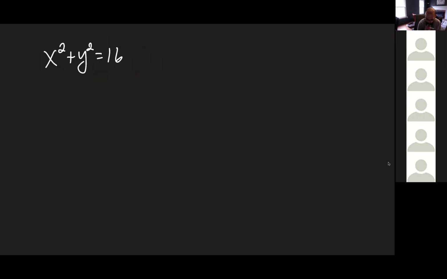A lot of the time it's helpful for students to replace all of your y's with f of x's. You don't have to do this. It's not a necessary step, but sometimes it reminds us that we're thinking about y as a function, and so we're going to have to use product rule and chain rule. So this would be x squared plus f of x squared equals 16.